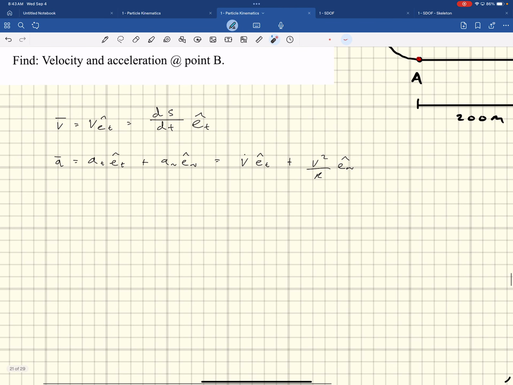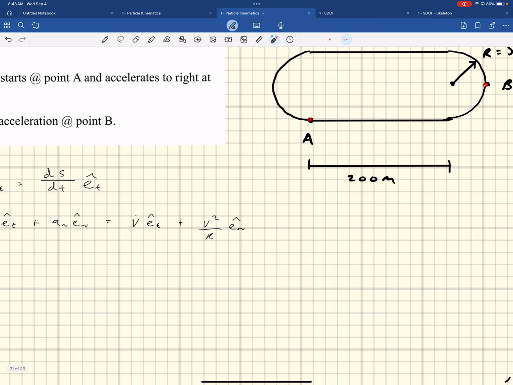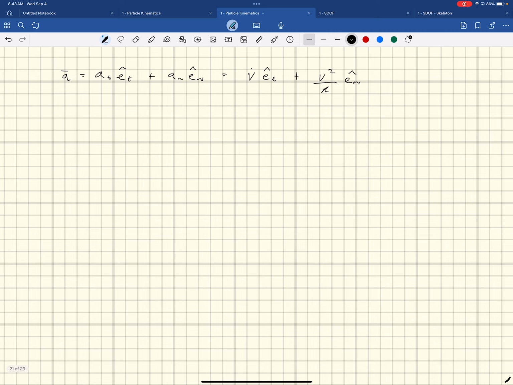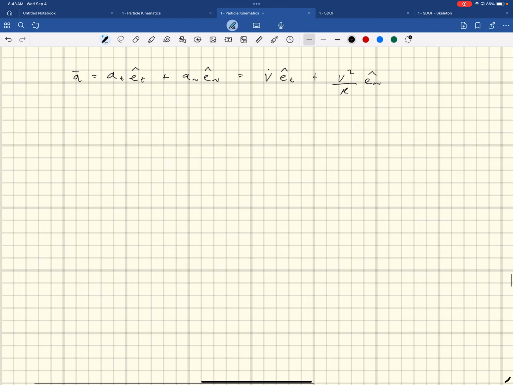Let's figure out what the velocity is going to be at point B. I need the velocity at point B because it shows up in that centripetal acceleration term. So now you just treat this as acceleration as a function of time, because it is. a_t is a function of time, equal to 1 plus 0.2 t.